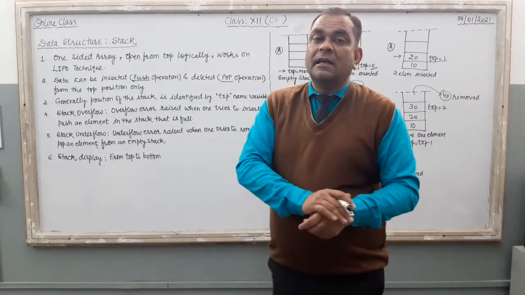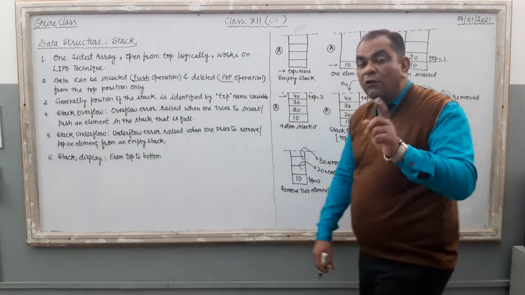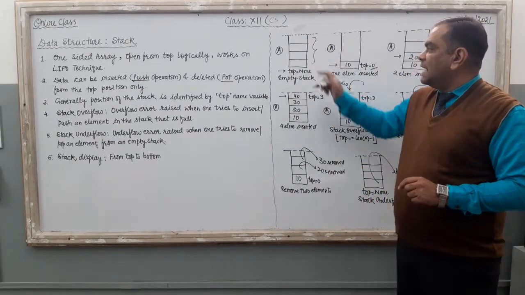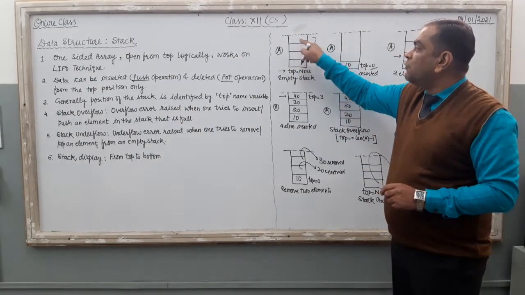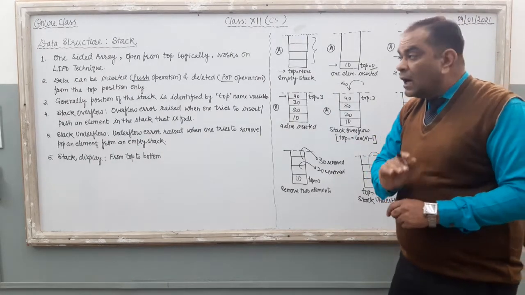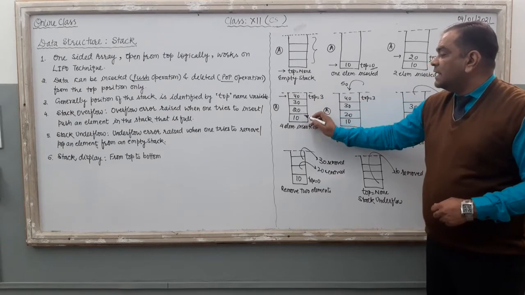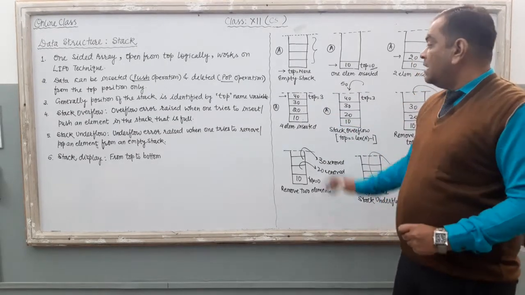Next, three different terms are related with our stack implementation. The very first term is known as stack overflow. Overflow means, as you know, there is a fixed size of the stack. In this image, 1, 2, 3, 4, the size of the stack is 4. Now, what will happen if already 4 elements are there in the stack and you insert one more element?